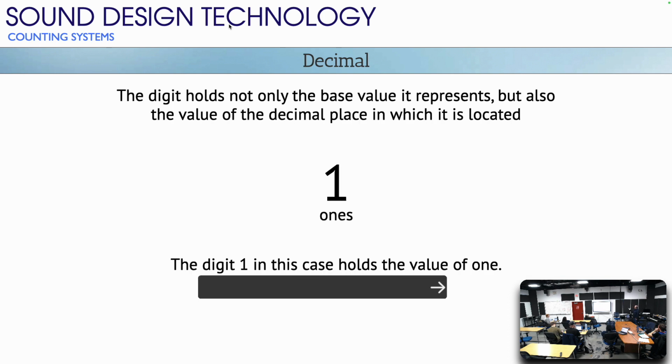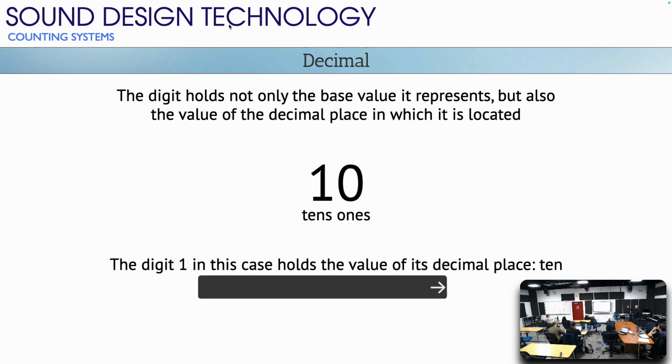So, for example, if we look at just the digit 1 all by itself, it is currently representing a value of 1 because it is sitting in the ones slot. Okay? But what if I move it? Now it represents 10. Why?